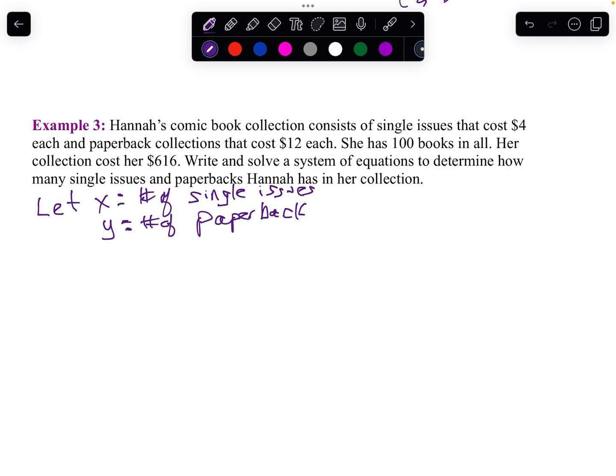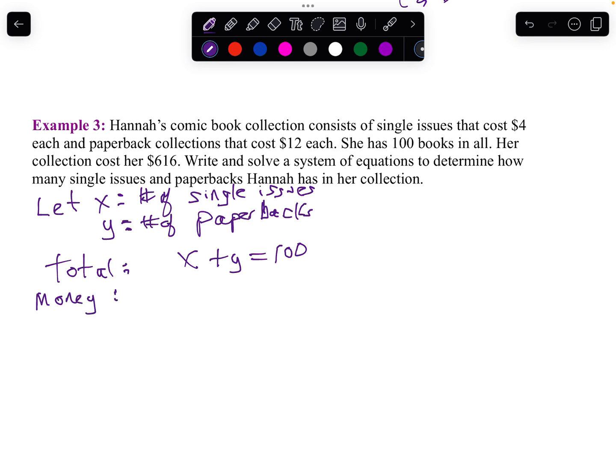Now, when you have a system like this, usually you're going to have one equation for the total. And that's what we have here. She has 100 books. So X plus Y equals 100. And then we're going to write one using the money or something else. In this case, we have money.